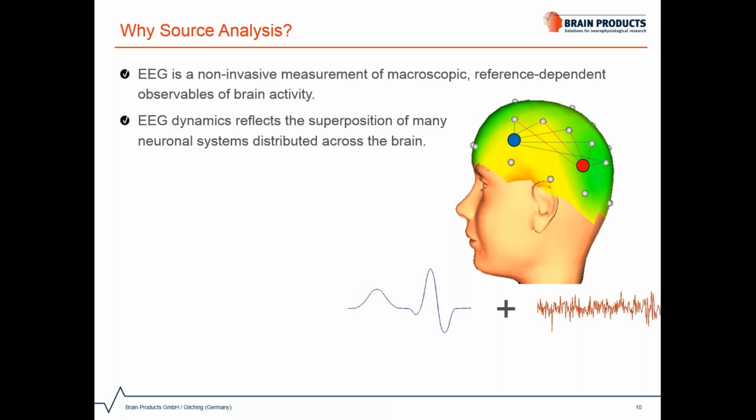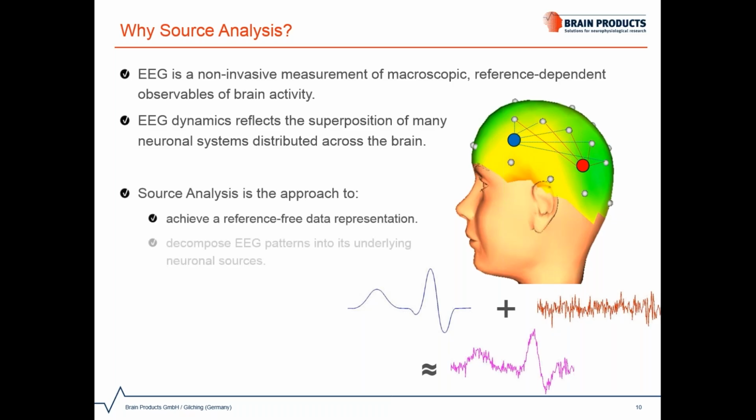So the consequence for the measured scalp data is that it will be the superposition of time series of different sources. So source analysis is the approach that mitigates the above-mentioned limitations of EEG by achieving a reference-free data representation, by decomposing the overlapping EEG patterns into its underlying sources and localizing them within the brain.